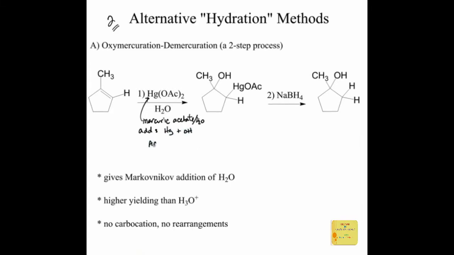A little reminder: every time we see Ac, it means we have COCH3, a carbonyl and CH3, so this is like an ester group here. So it breaks the pi bond and it adds a mercury and an OH. So that's our first step. And in the second step, we treat this with NaBH4. That's called sodium borohydride.